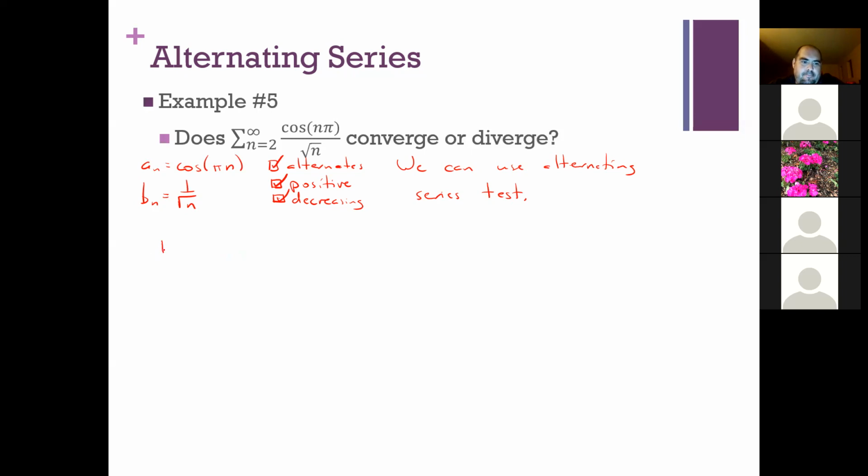The limit of b sub n. So the limit as n goes to infinity of 1 over radical n is equal to what? 0. So this series does what? It would converge. Yep, converges again.